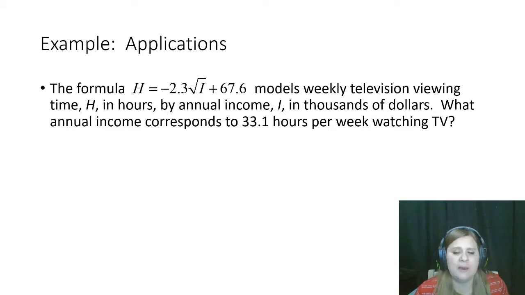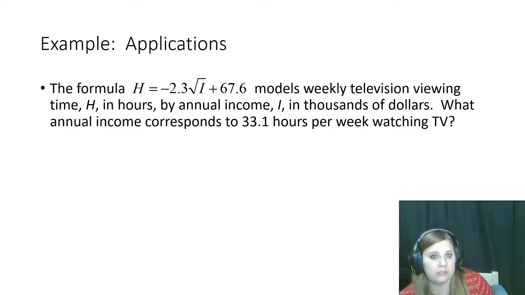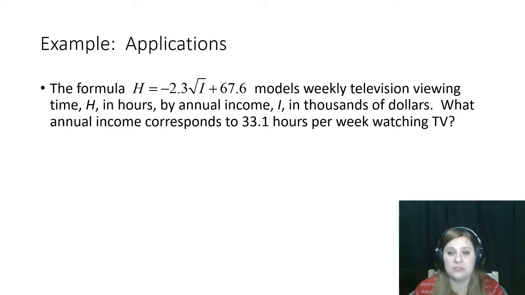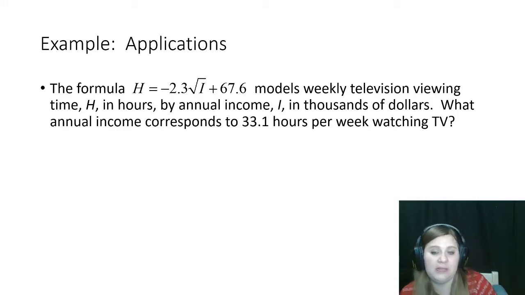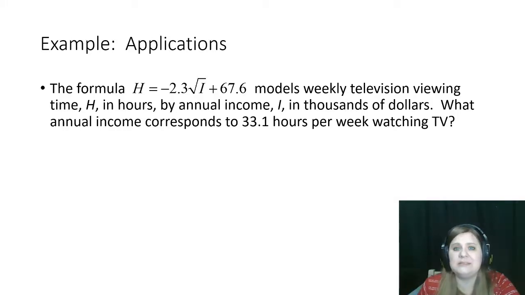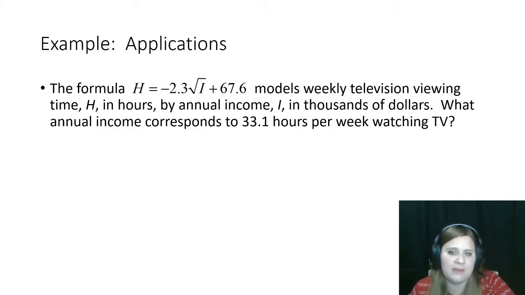It's talking about how much the weekly television viewing time in hours is based off of your annual income I in thousands of dollars. And then we want to figure out how much does someone earn in a year if they have 33.1 hours per week watching TV. So let's take a look and see what we can find out.